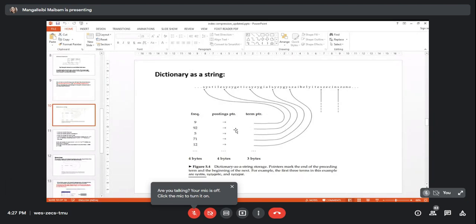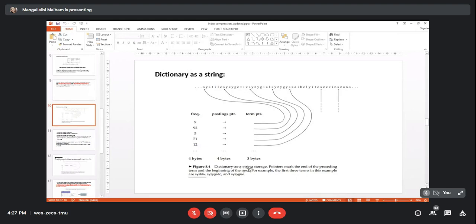Because for term, initially we use 20 bytes in the fixed width scheme, but here we don't use 20 bytes because we are going to use only the term pointers. For term pointer storage, we need only 3 bytes. So automatically the size will be reduced.